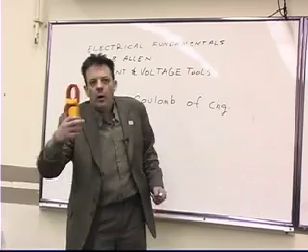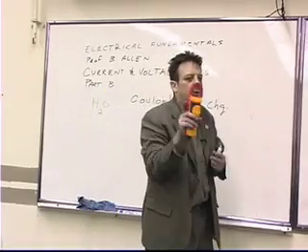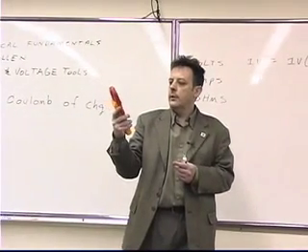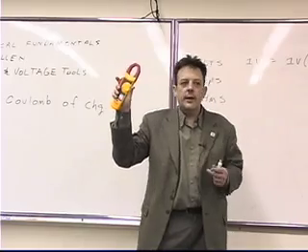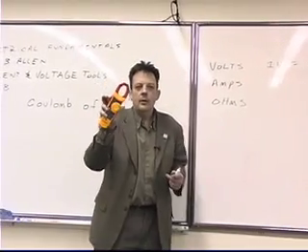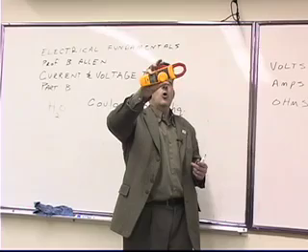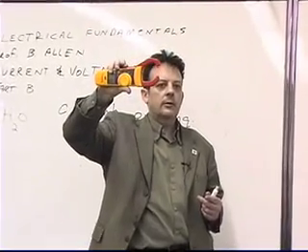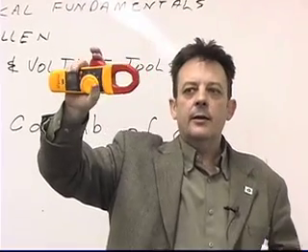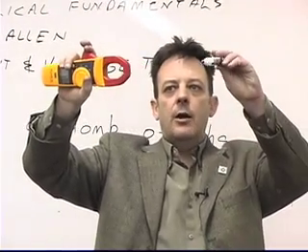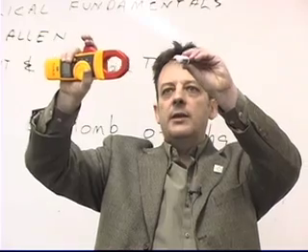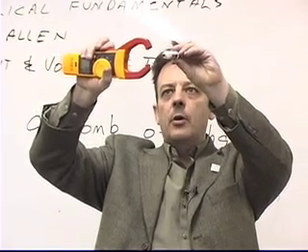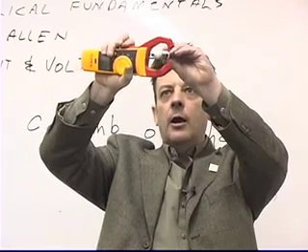This is what we call a Hall effect clamp-on current meter. Okay? So we can turn this thing on right here. Obviously, I don't have anything to measure with it right now, but there's a way to open up this loop right here. Okay? The purpose for that is so that if there's a wire, we can take this loop, open it up, put it around the wire, and close it.